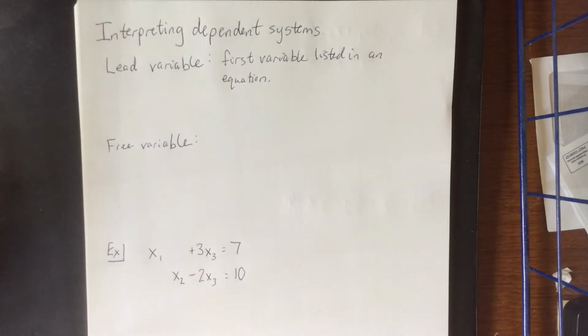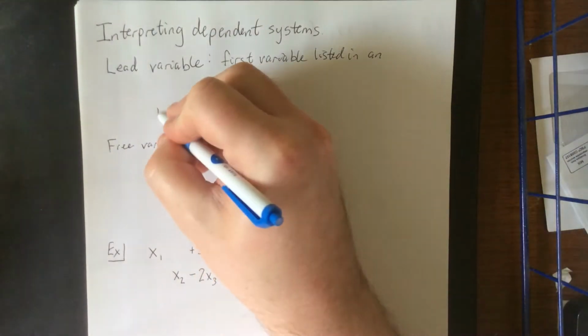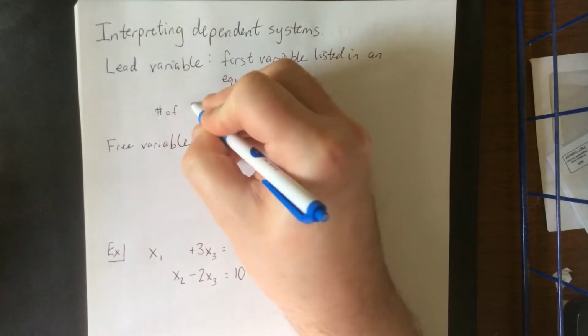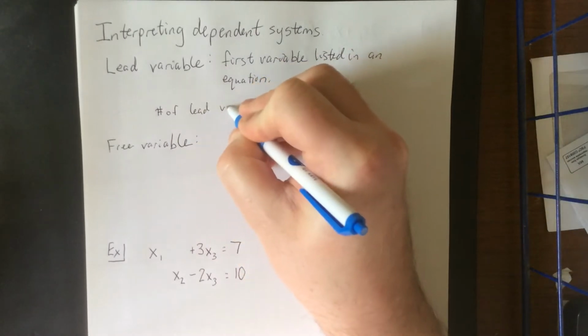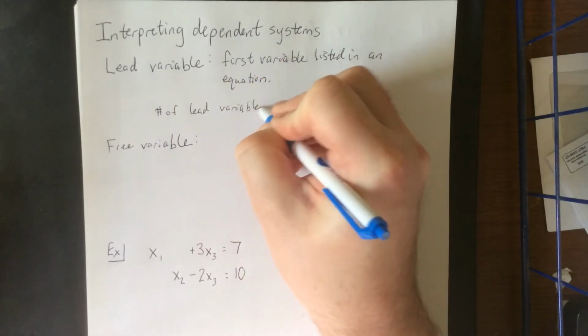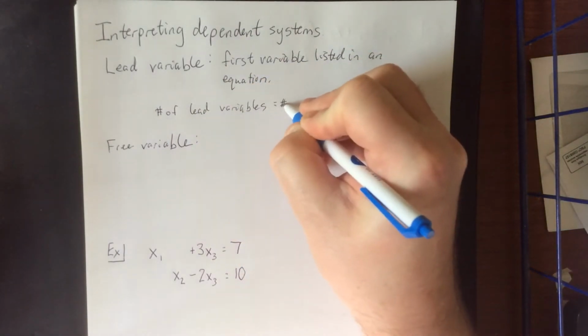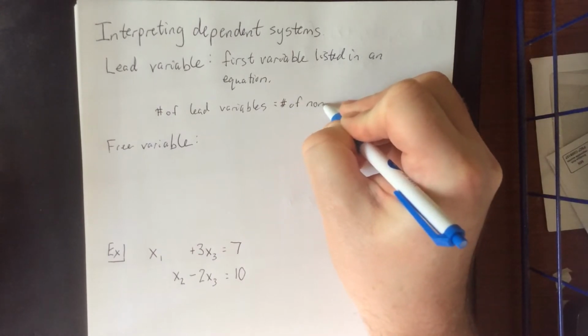Now, generally speaking, there should be as many lead variables as there are non-trivial equations once you get down to this row echelon form. So, the number of lead variables should be equal to the number of non-trivial equations.